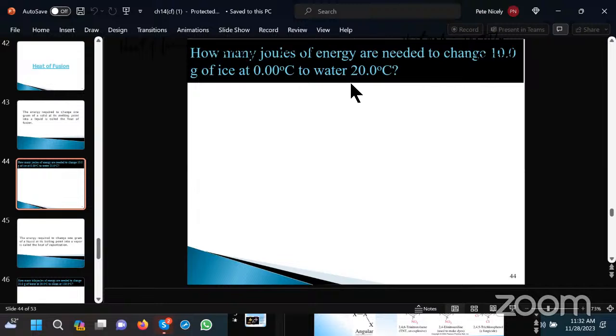We can use that to solve problems such as this question right here. The question says: how many joules of energy are needed to change 10 grams of ice at 0.00 degrees Celsius to water at 20.0 degrees Celsius?